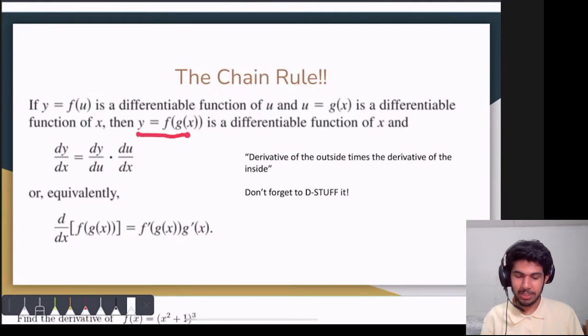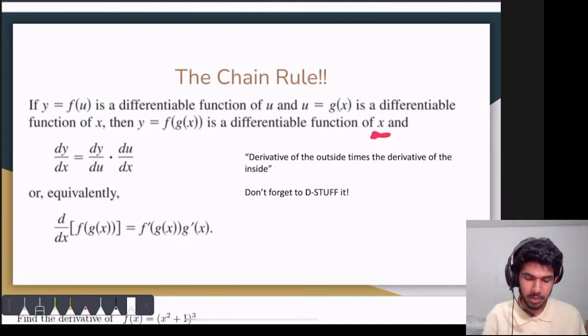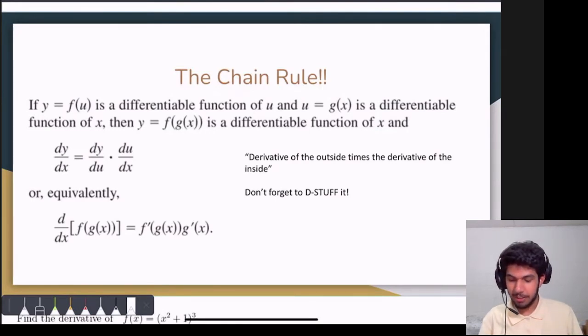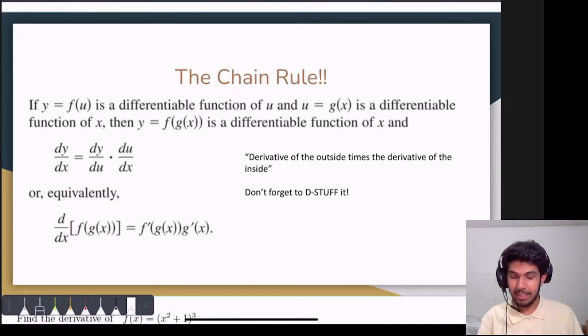So y equals f of g of x is a differentiable function of x, right? It's a function of x now, and the derivative of it, dy/dx, remember that's our symbol for derivative, is equal to dy/du times du/dx.